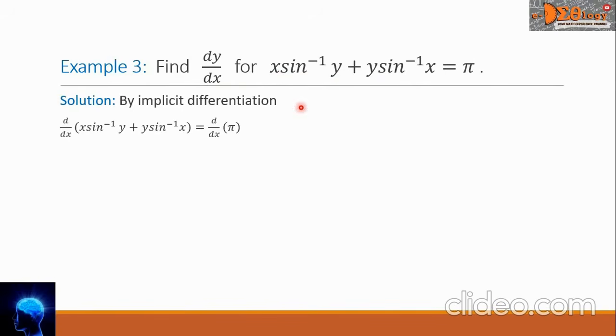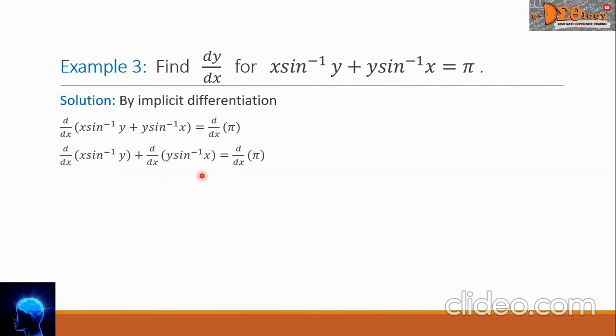At first, let us show that we're going to take the derivative of both sides of the equation. So here is d over dx of the left side equals d over dx of the right side. On the left side, we will take the derivative of each function. Let us now begin our differentiation.